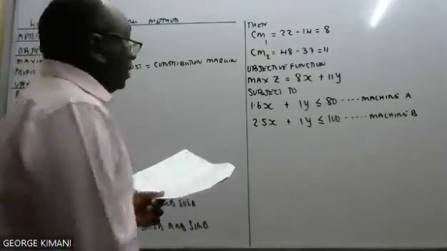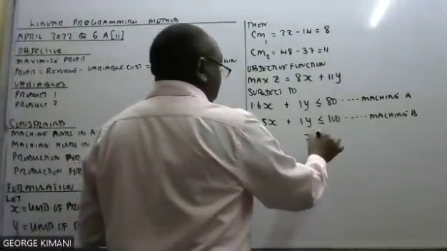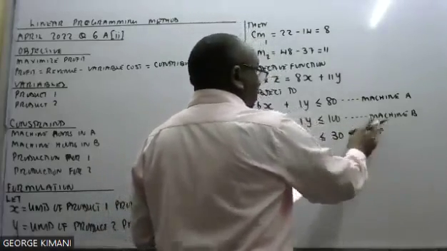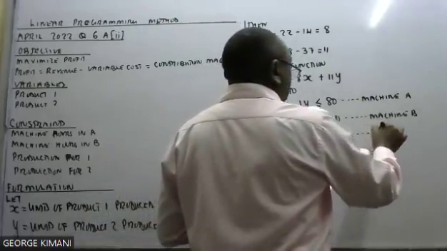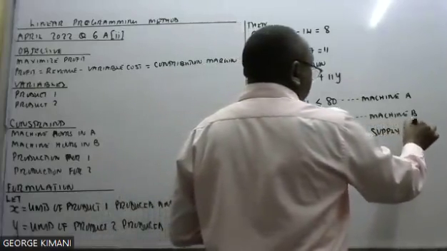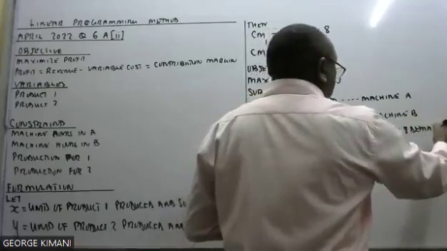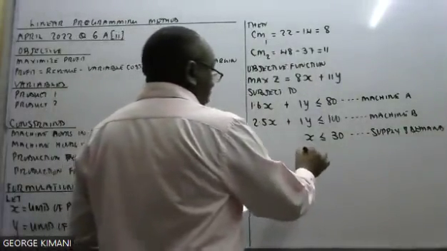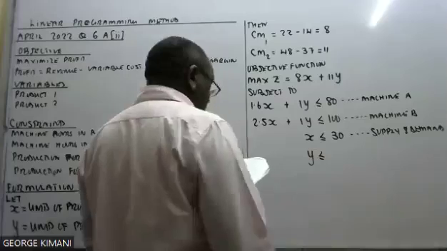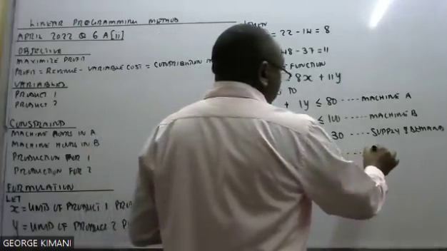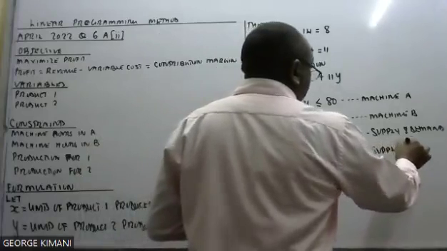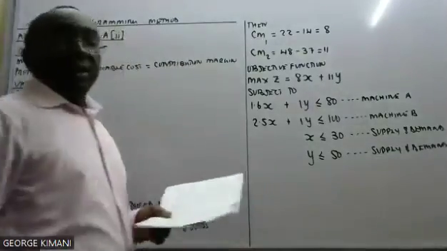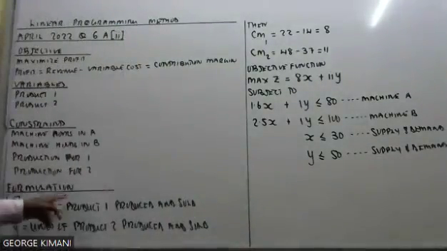The maximum for product 1 is that x is less than or equal to 30. This is production, or supply and demand, for product 1. Y is less than or equal to 50. It is also what you can supply and sell, that is supply and demand. So those are the 4 constraints that we have listed here.